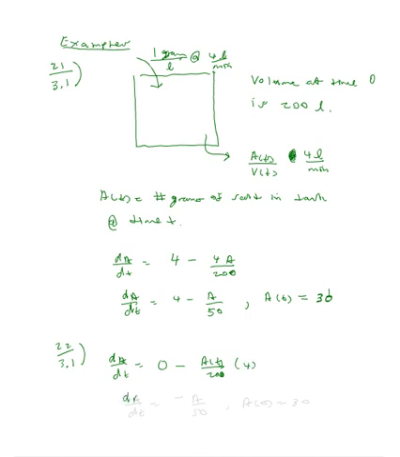So simplifying, we get the differential equation dA/dt equals negative A over 50. And the initial condition is still A of 0 equals 30.